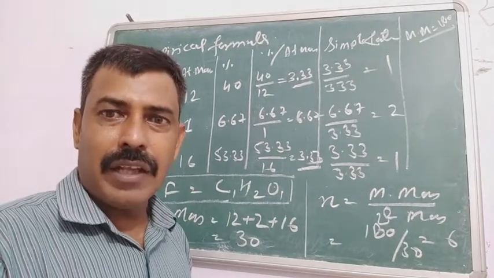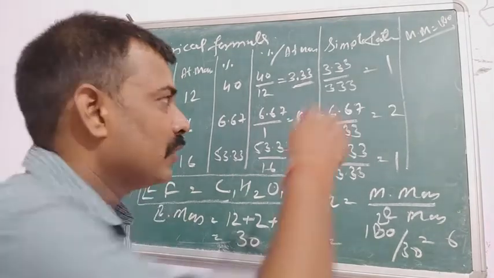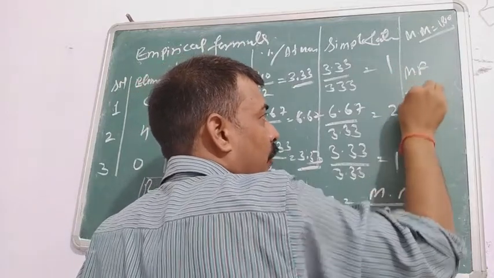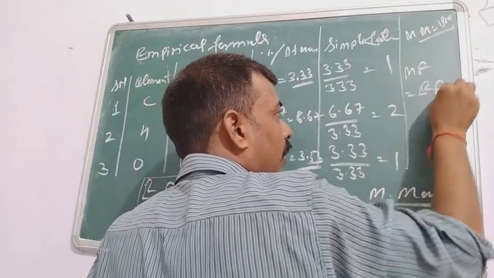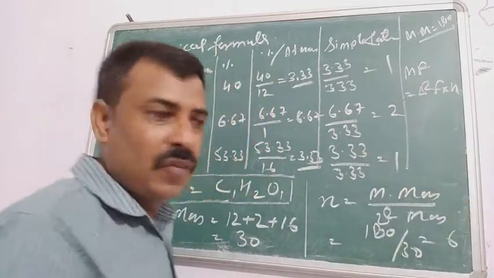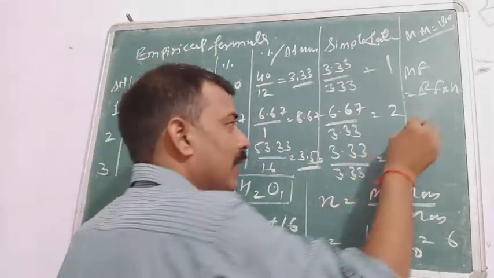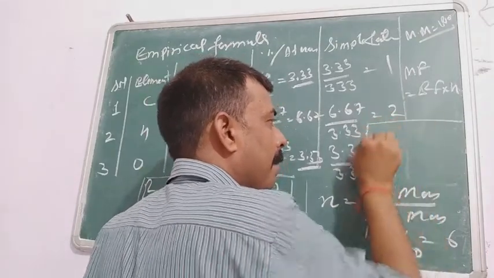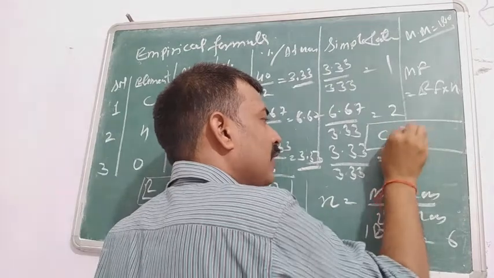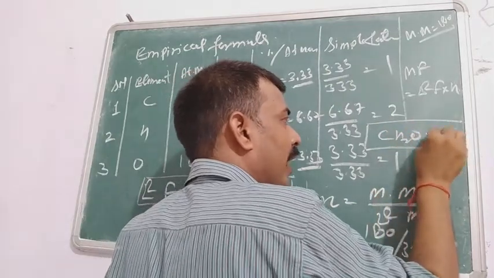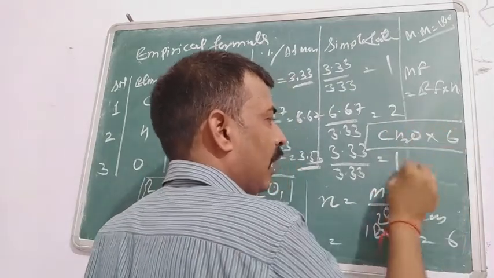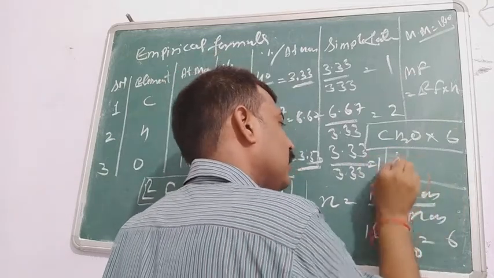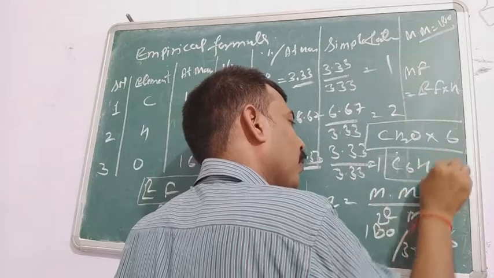There is a little lack of space, so I am just solving it. So molecular formula equals empirical formula into N. Empirical formula you already have, that is CH2O, into N, that is 6, and by solving it you will get C6H12O6.